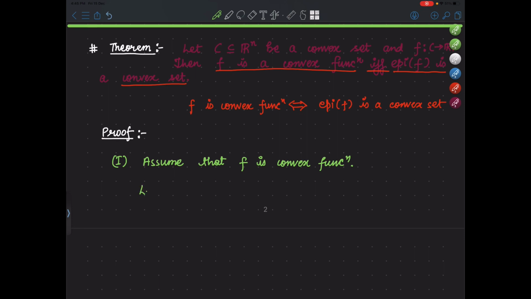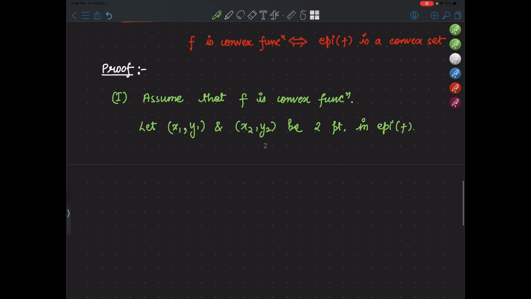So let's take 2 points in the epigraph. Let (x1, y1) and (x2, y2) be 2 points in the epigraph of f. So by the definition of epigraph, we can say that y1 is greater than or equal to f(x1) and y2 is greater than or equal to f(x2).